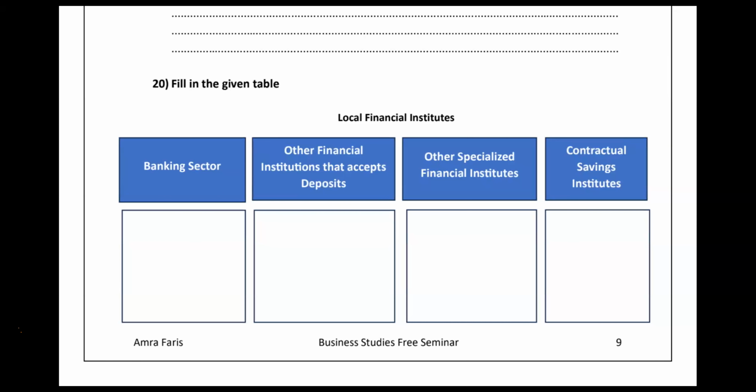Write it down. First is specialized finance leasing companies, second is merchant banks or Vanik banks, and the third is venture capital companies.